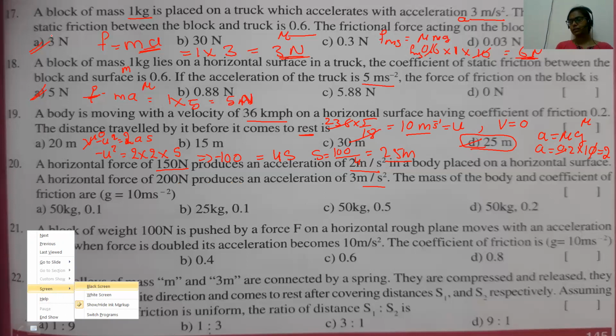See, what is given, children? A block is there. When the block is moving, the applied force is 150 newtons. When you apply 150 newtons, the body moves with an acceleration of 2 meters per second square. This is the first condition. In the second condition, when you apply a force of 200 newtons, on the same block with the same friction, the body moves with an acceleration of 3 meters per second square.